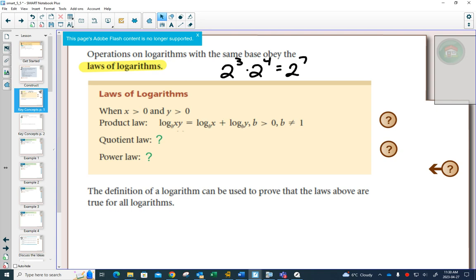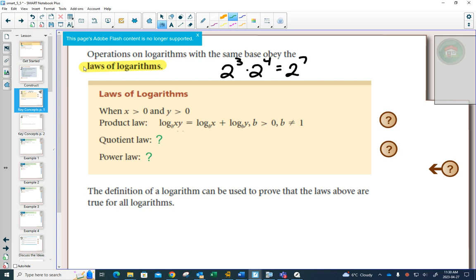And depending on the question, sometimes it's useful to go from the left side to the right side. And in some equations, it's going to be useful to go from the right side to the left side. What we do in section 5.5 is we just get good at working with the laws, and then later on in this unit we see where this new skill that we have is useful.